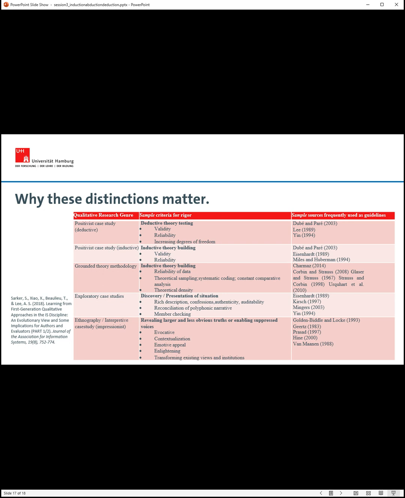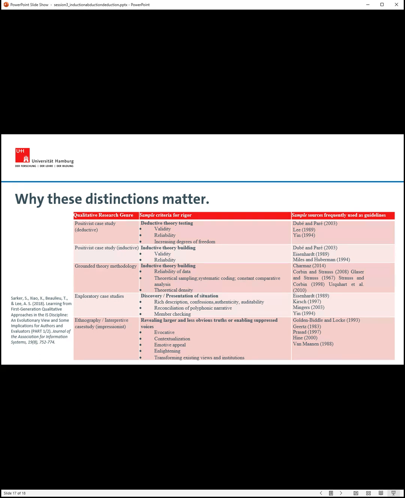And then we have particular criteria that we must meet: validity, reliability, and so forth. But we can also use a case study as a method to build new theory inductively. We can study the cases of a few organizations that do things, and then we could try to generalize from these observations to what other organizations might be doing. I'm going to give an example later on.